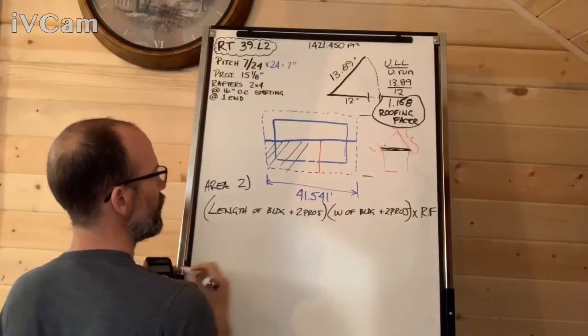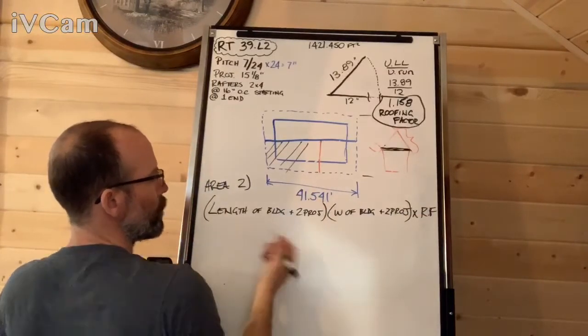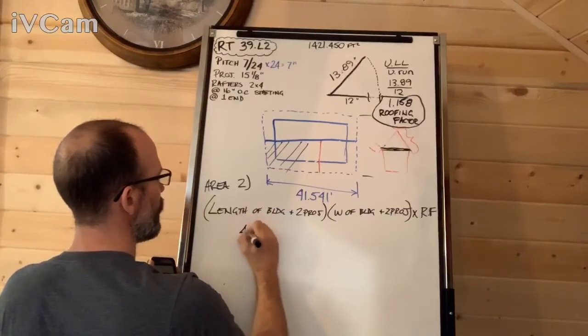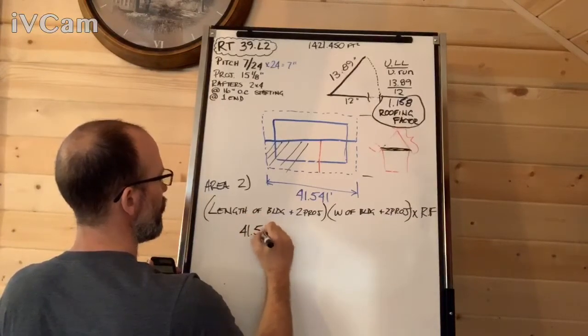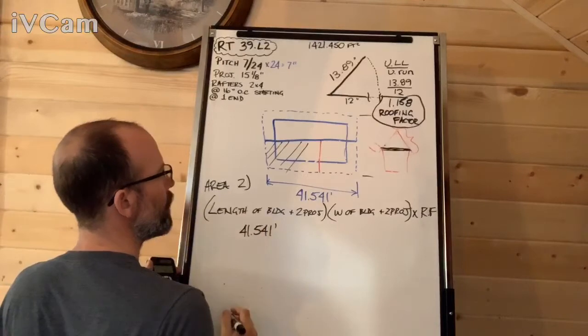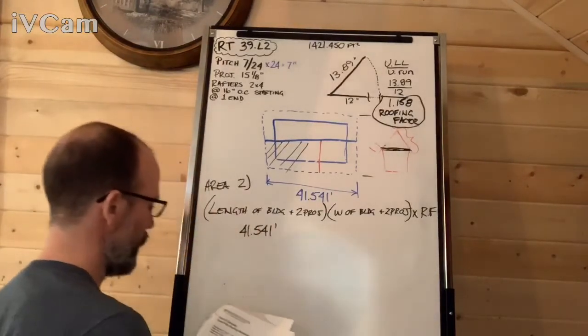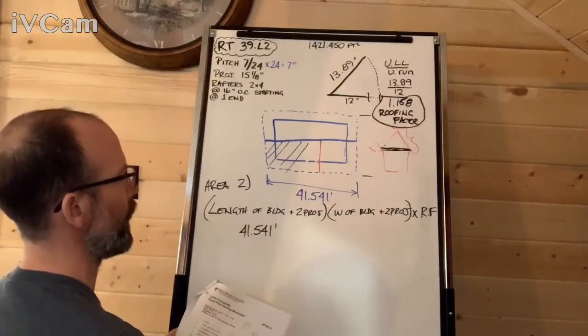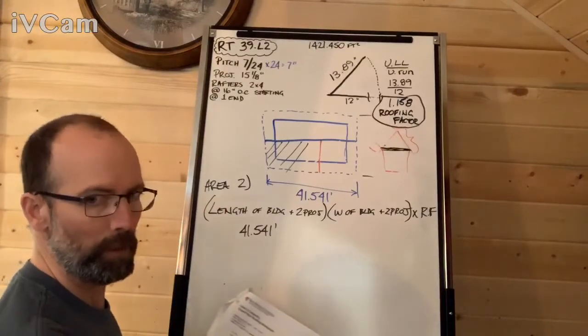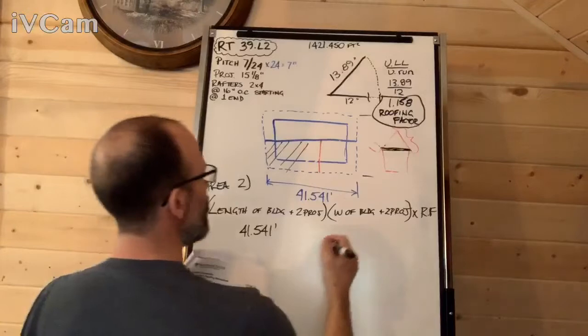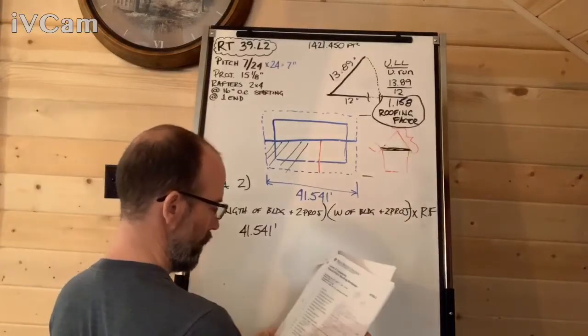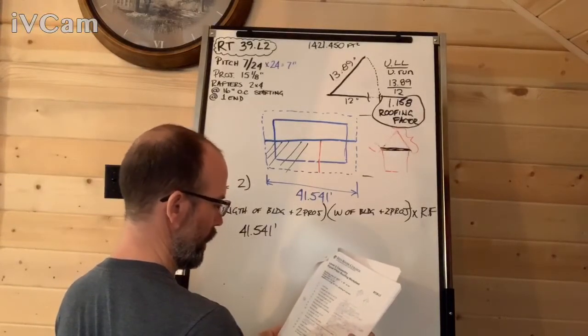Here I already have length of my building plus 2 projections, which is the length of my ridge, 41.541 feet. Width of my building, I'm going to go back to my worksheet. Width of my building was 27 foot 0.5 plus 2 projections of 1.26. I don't have this written down.